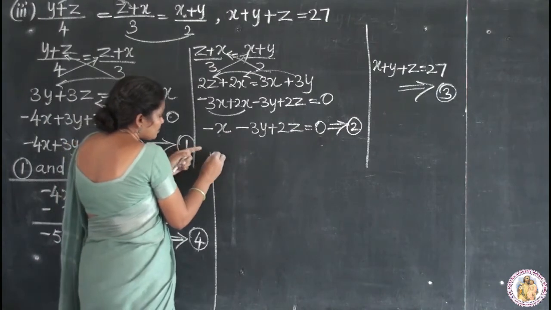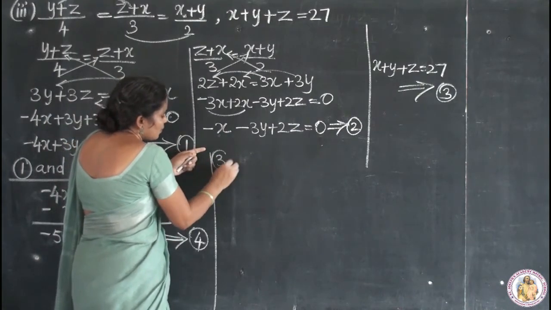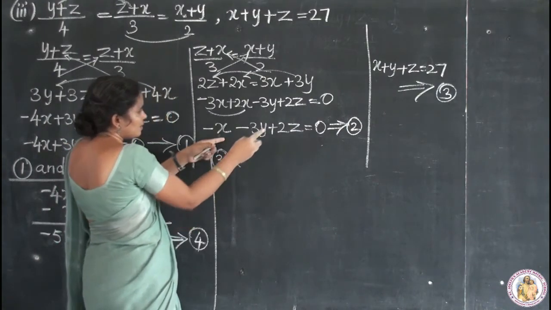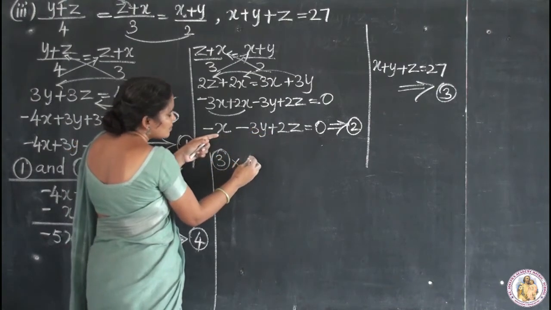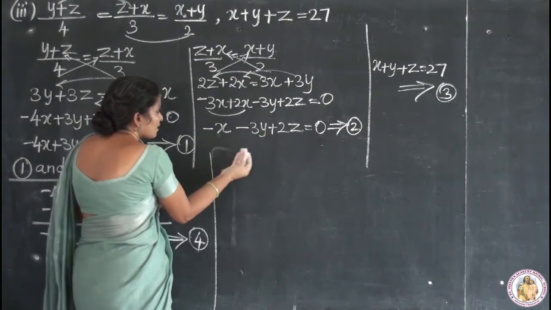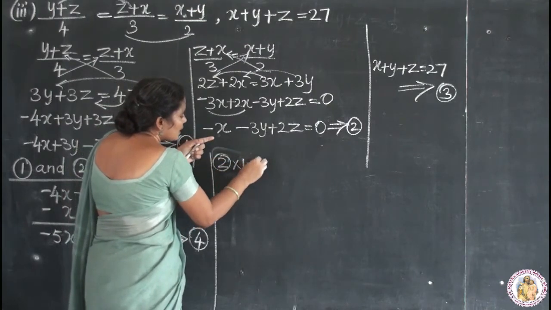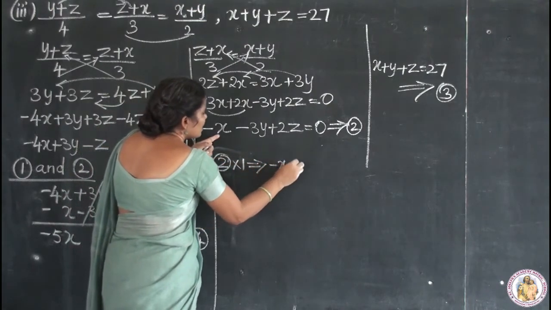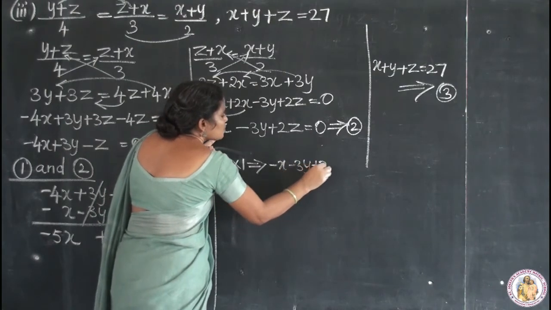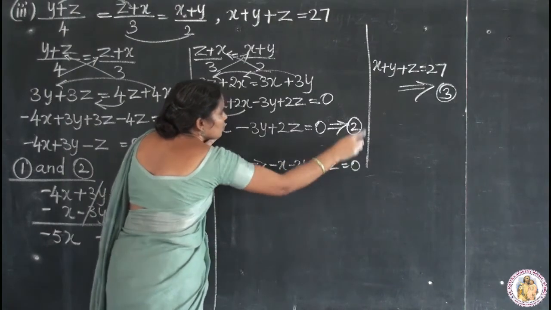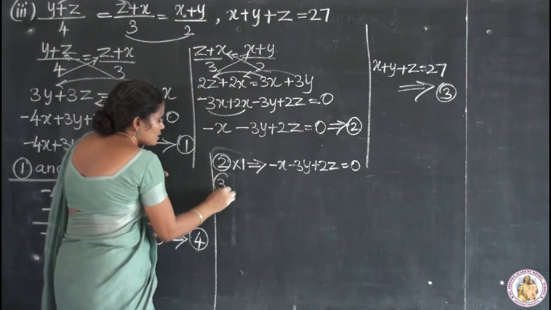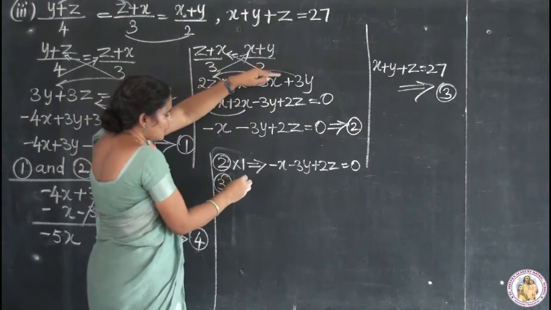First we take second equation multiplied with 1, minus x minus 3y plus 2z is equal to 0, and third equation is multiplied with 3.